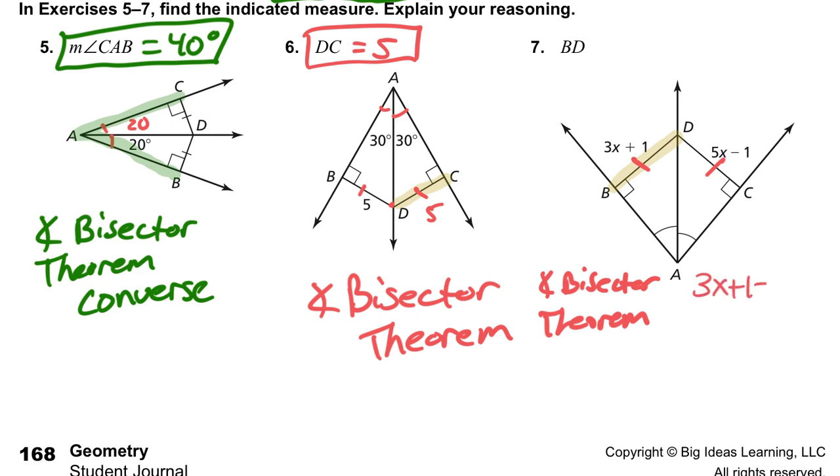So 3x plus 1 equals 5x minus 1. And we're going to get x equals 1 when we solve, but we need to put that 1 back up in the segment. So 3 times 1 plus 1 means that BD equals 4.